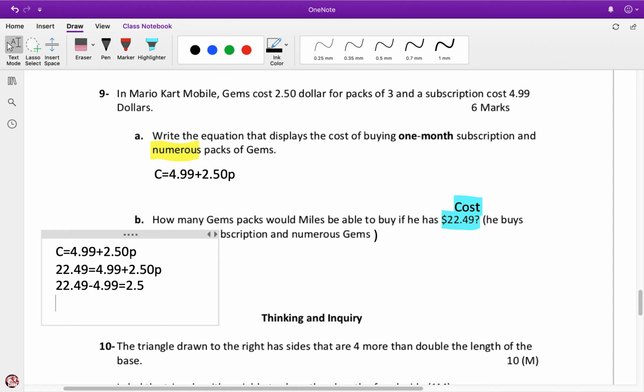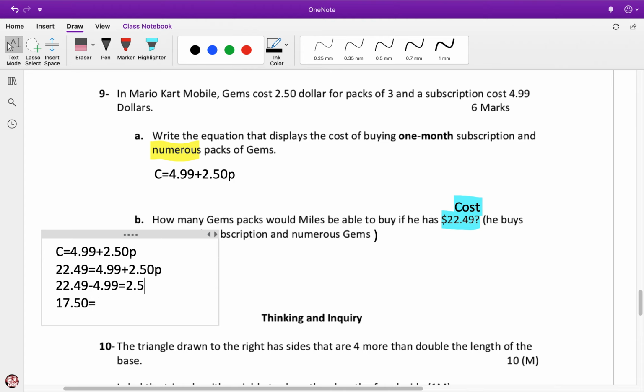Then let me take away that number. 22.49 minus 4.99 equals 17.50. So 17.50 is my answer here.